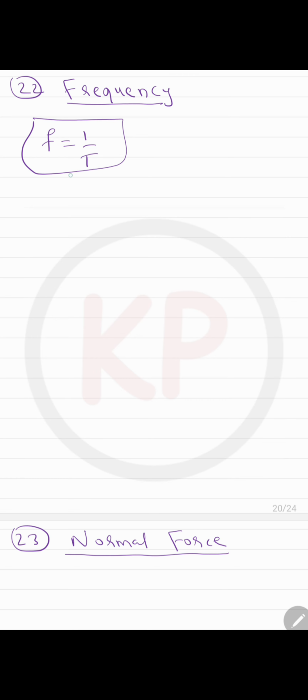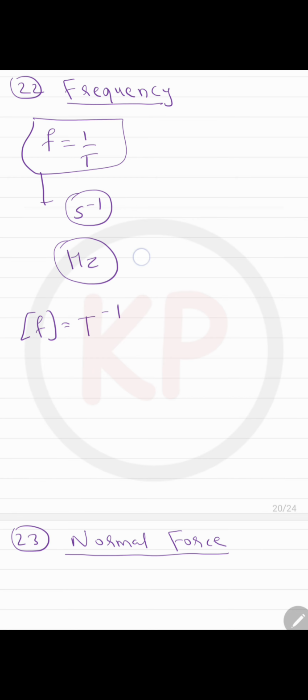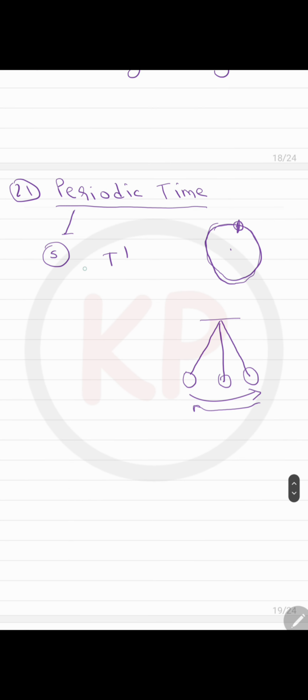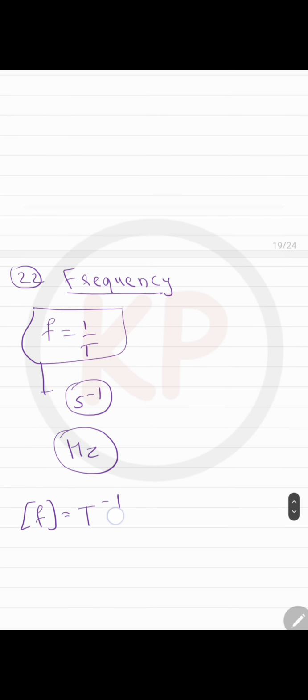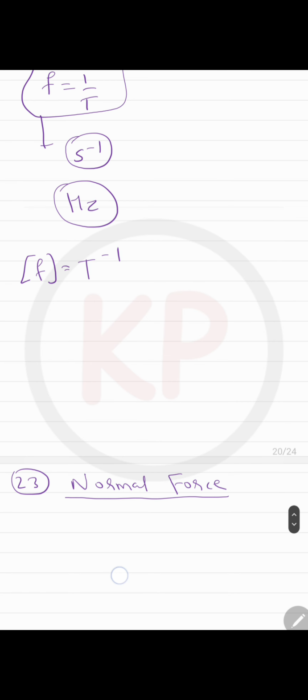The unit of frequency: 1 by T becomes second inverse, also called hertz. So the unit of frequency is s minus 1 or hertz. Its dimensional formula is T minus 1. The dimensional formula of periodic time was T1, and its inverse is frequency, therefore T minus 1.